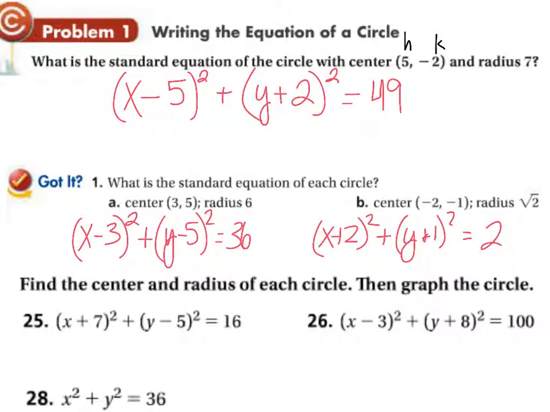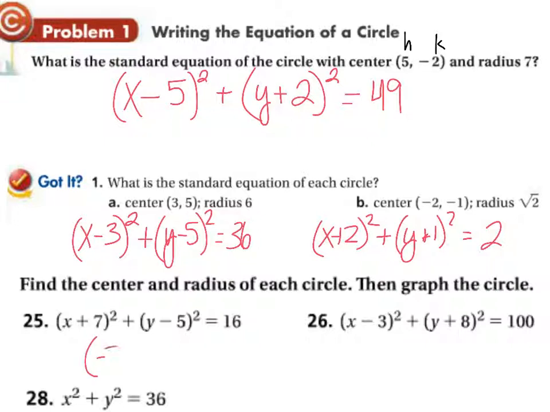Okay, let's go the other way. What if I already give you the equation and I want you to go graph it? The idea is that you can pull out the key parts: you pull out the center, you pull out the radius. Looking at this, I look at what is the h. The h is what's here with the x. The k is right here. It's always the opposite sign.